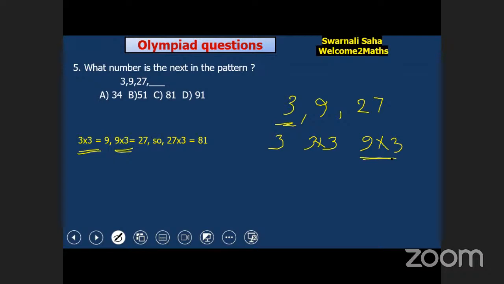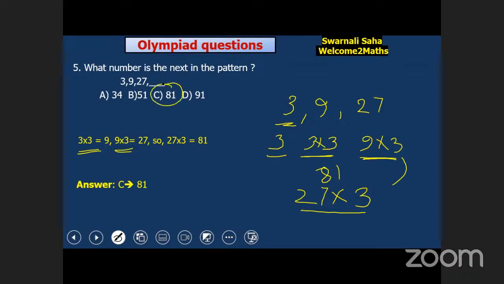So here the series is, we have to multiply the numbers by 3 only. So the next number would be 27 into 3. Each number we will multiply by 3 to get the next number. 3 into 3 is 9, then 9 into 3 is 27, and 27 into 3 would be 81. So 81 is the answer. Fine. C is the answer. Here C is 81.